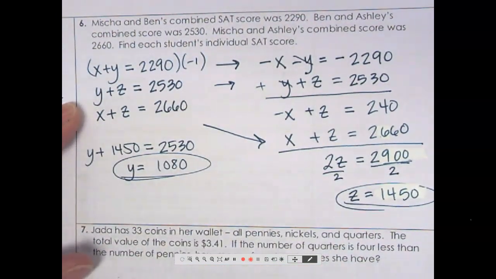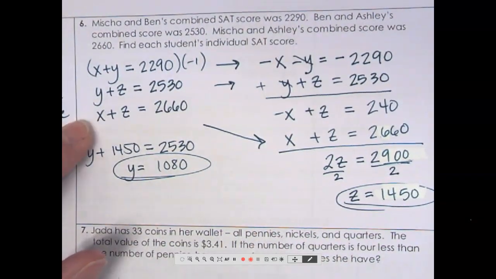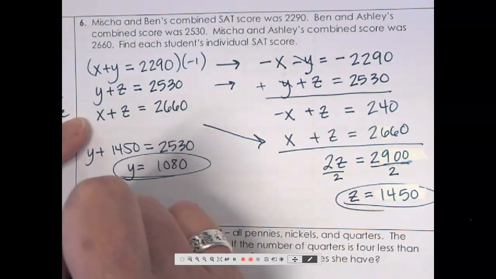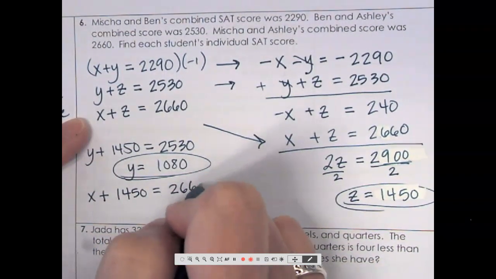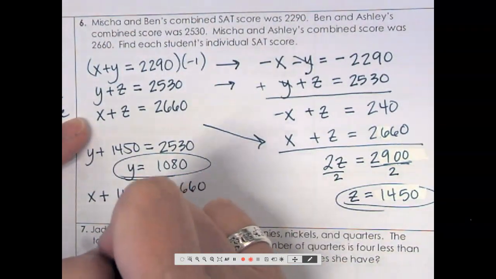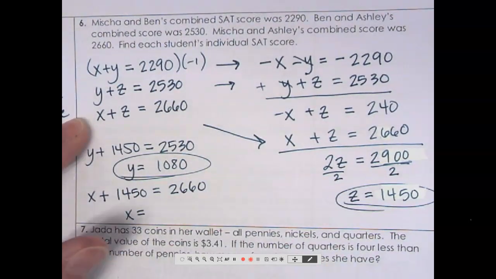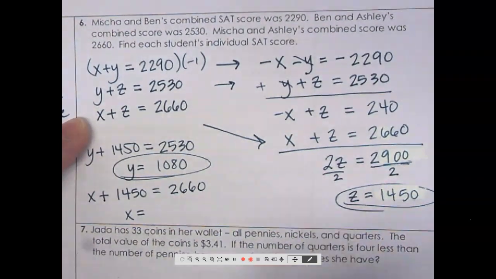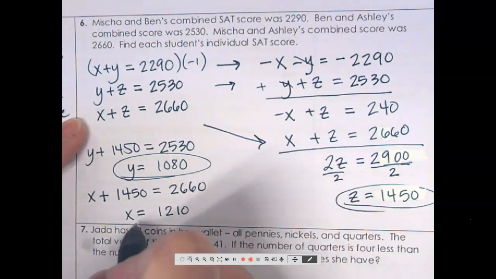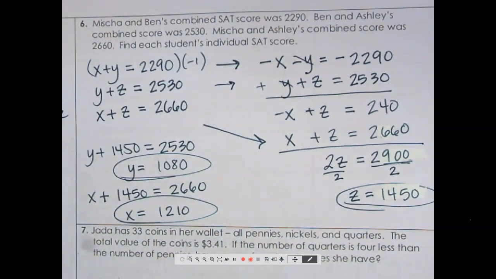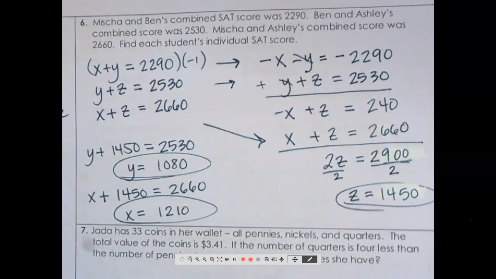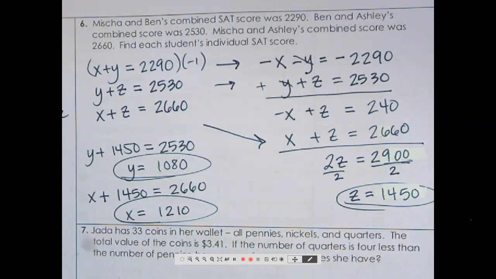Coming up short, Ben. Then I'm going to go to the bottom equation. X plus Z is 2660. And X, which is Misha's score, is 1210. So we have Misha's score, Ben's score, Ashley's score. That was easier, wasn't it?